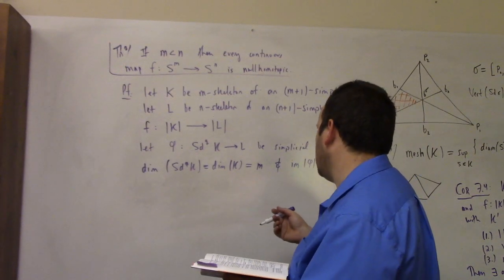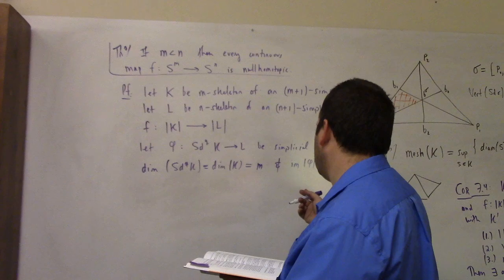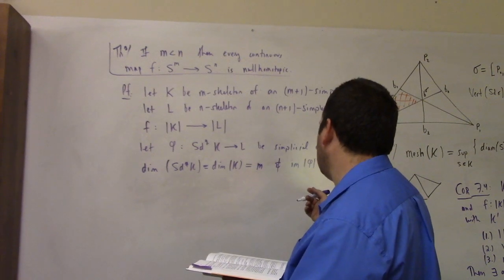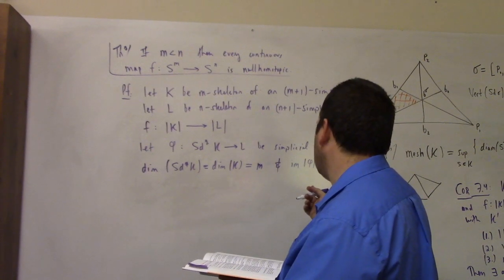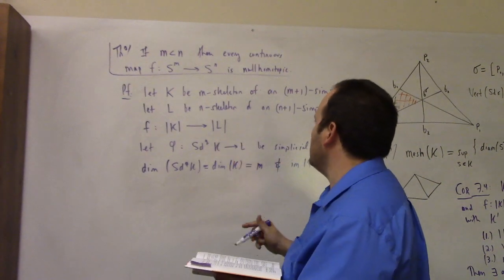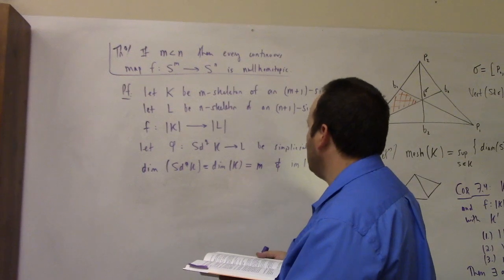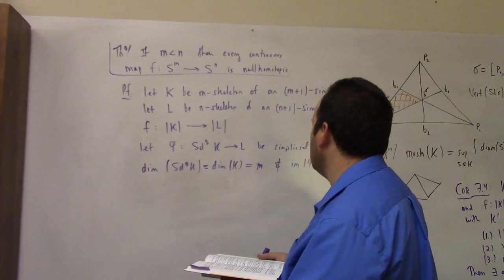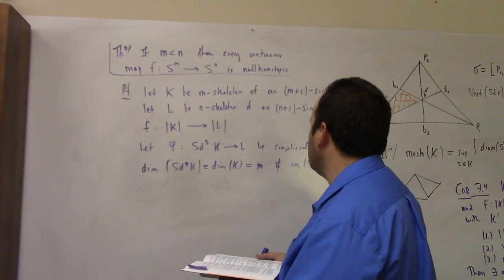So the underlying space of L here is n-dimensional, right? Is an n skeleton n-dimensional?